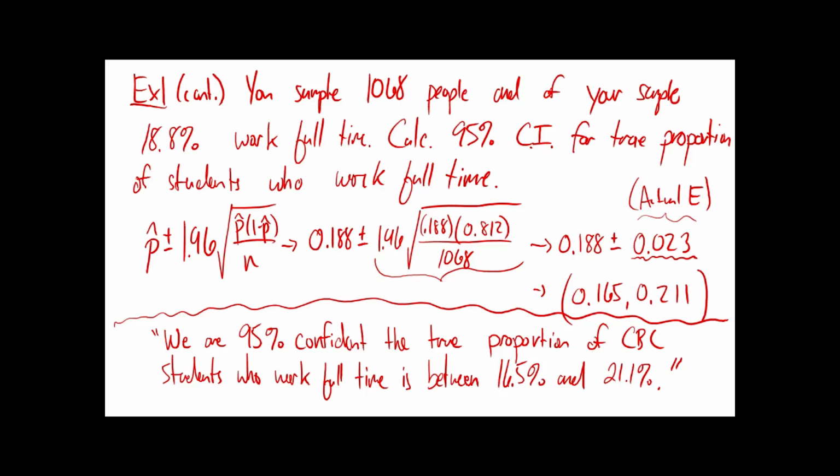And in fact, a lot of people misunderstand what a confidence interval is saying. What does 95% confidence really mean? What it really means is that the true proportion exists, right?